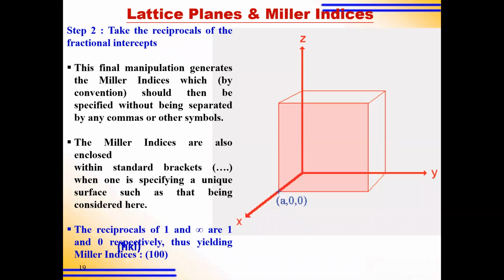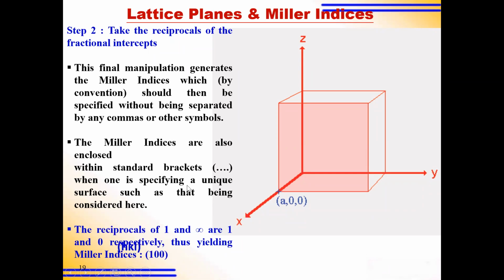So take the reciprocals of the fractional intercept, that is the final manipulation. This generates the Miller indices, which by convention should be specified without being separated by any commas or other symbols. So the Miller indices are also written in the standard brackets, right? ह्या standard brackets मध्येच आपण Miller indices लिहितो.